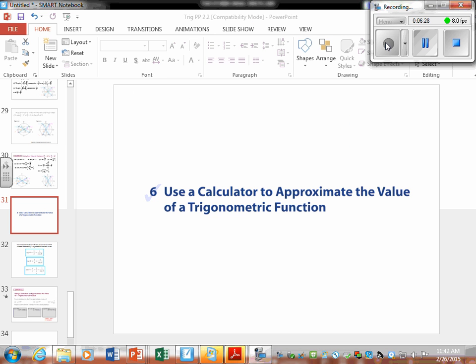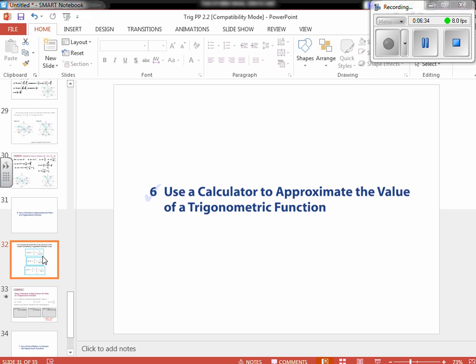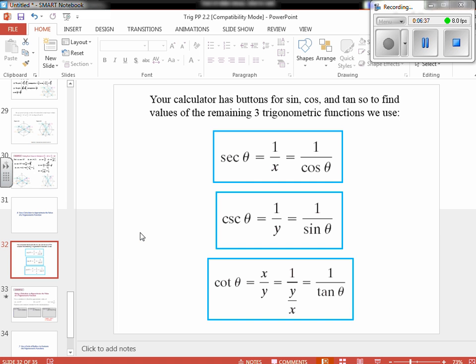The next part of our notes is to use the calculator to approximate trig functions. Your calculator has buttons for sine, cosine, and tangent, but it does not have them for secant, cosecant, or cotangent. So only having a sine button and a cosine button, we have to be able to derive the rest of them.